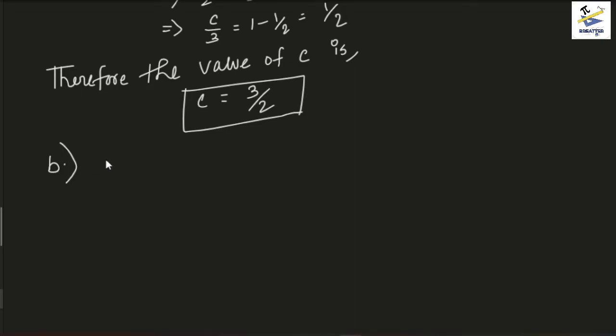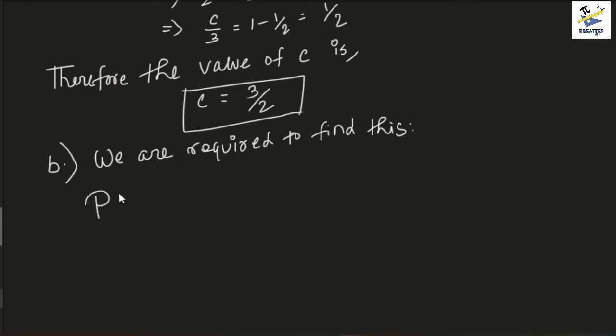We are required to find this: the probability that 0 less than or equal to capital X less than or equal to 1 by 2, comma 0 less than or equal to capital Y less than or equal to 1 by 2.